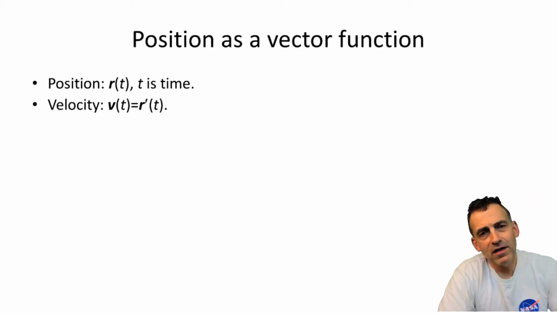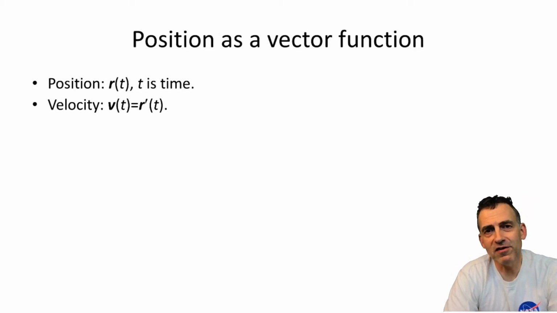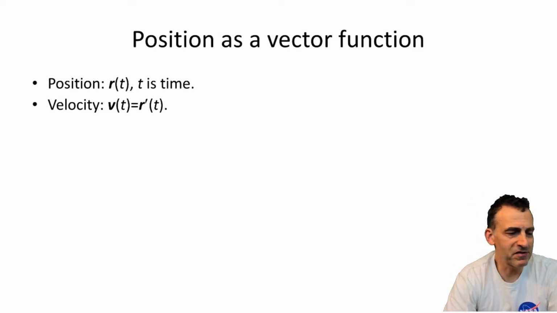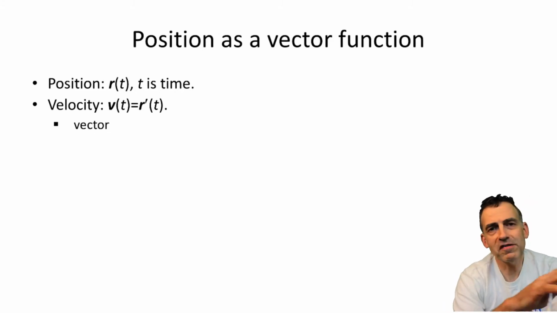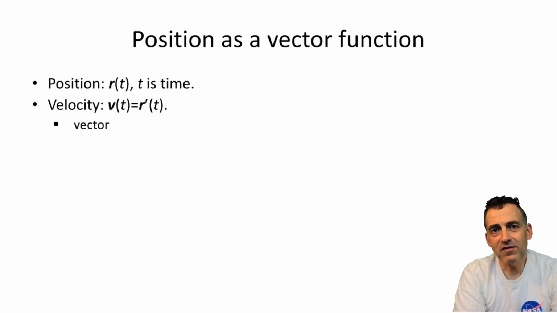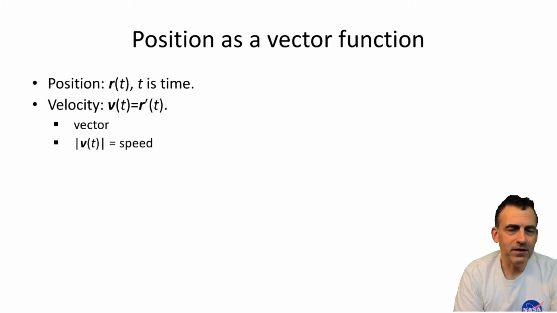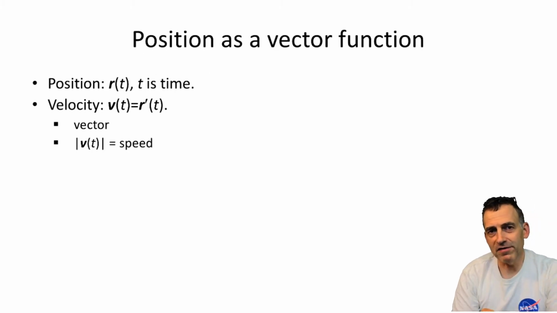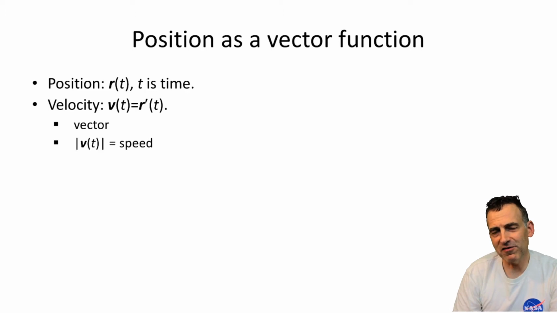Anyway, velocity, this should come as no surprise to you. Velocity is just the derivative of position. And notice that velocity is a vector, so it not only has length, it also has direction. And the magnitude of that velocity vector is the speed of the object. So when you think of speed, that's how fast you're going.